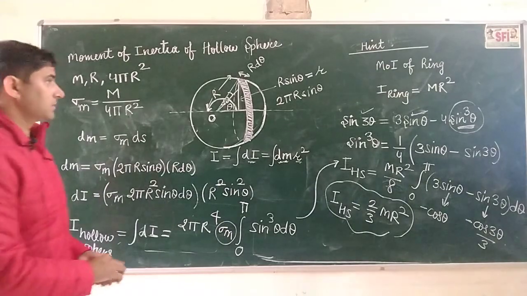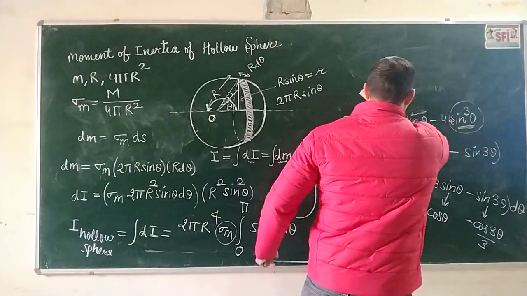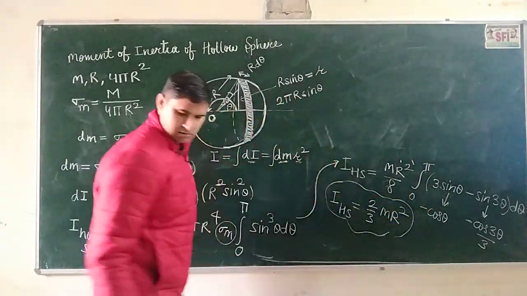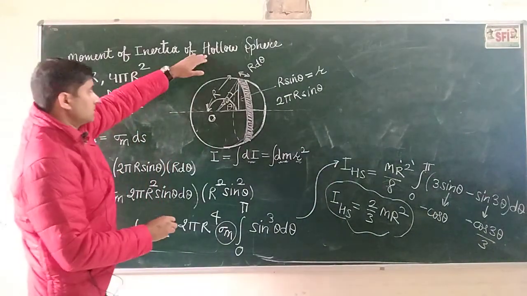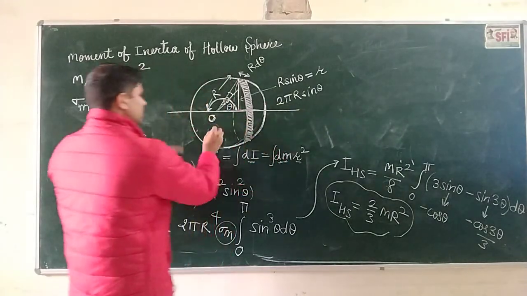Okay class. Now here we have calculated the moment of inertia of hollow sphere about an axis which is passing through its center of mass.